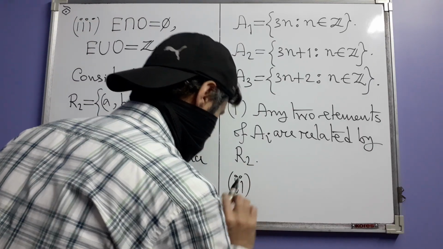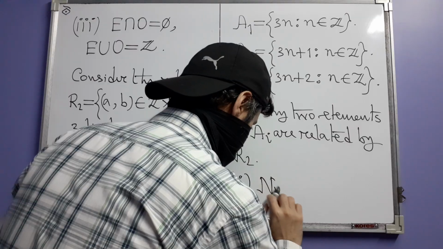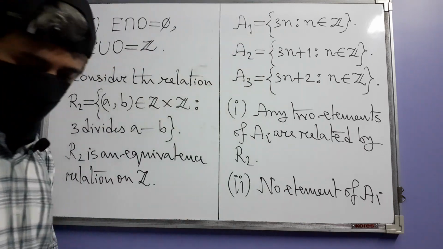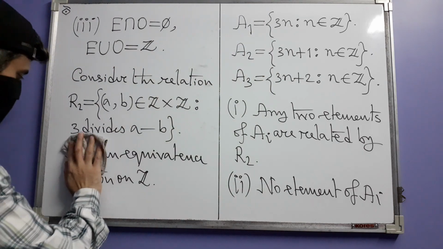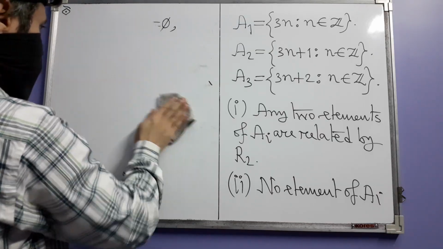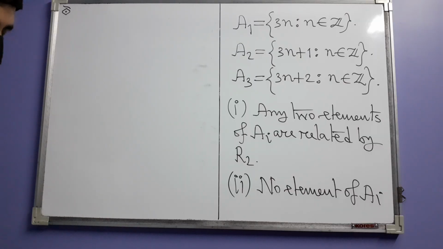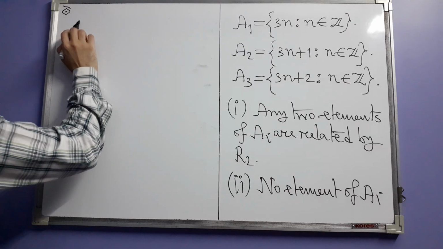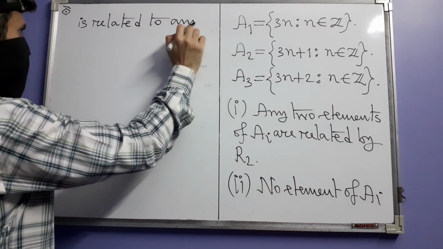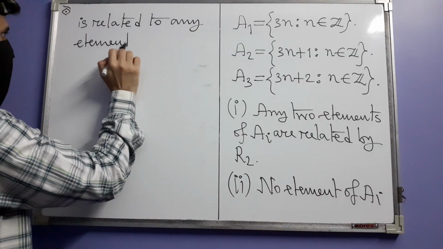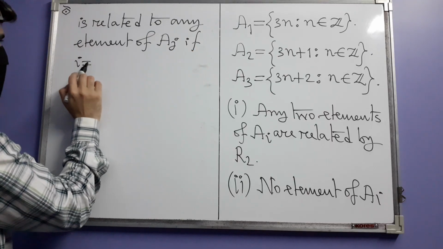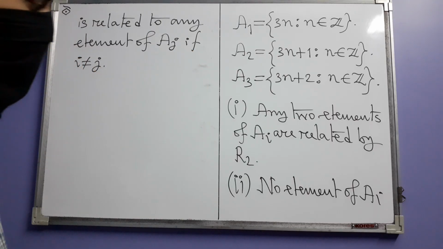Number 2, no element of Ai is related to any element of Aj if i is not equal to j.